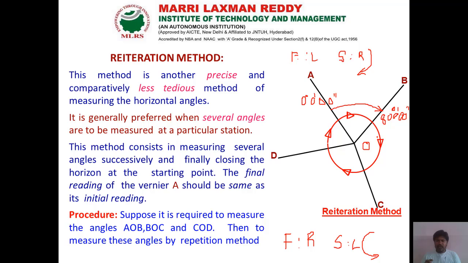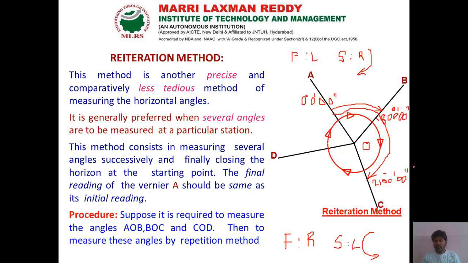Next, I release my upper clamp screw, rotate the instrument and bisect point C accurately, so that the vernier scale reading increases from 80 degrees. For example, I take it as 210 degrees, 0 minutes and 00 seconds.